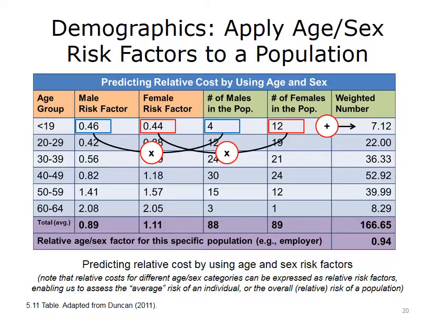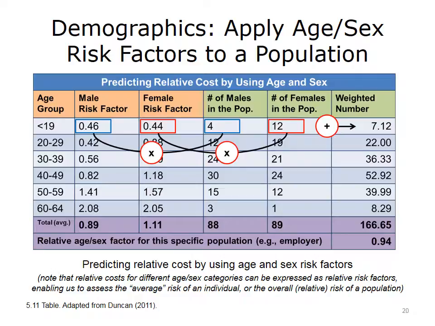Again, remember that the actual risk factors for males and females were calculated in the previous slide and were based on a much larger commercial database with a fair representation of perhaps the entire U.S. population. While the total number of males and females listed in this table only represent the distribution of sexes and ages in this smaller plan, which only has 88 males and 89 females.